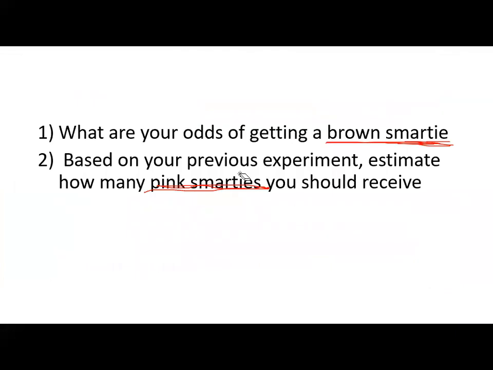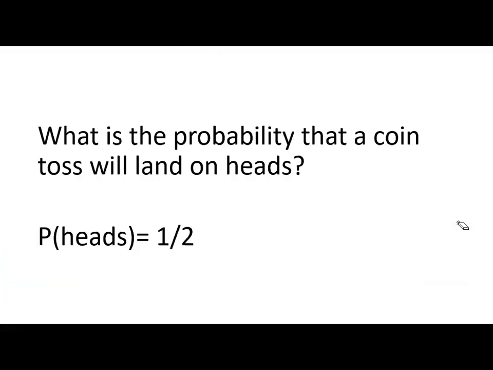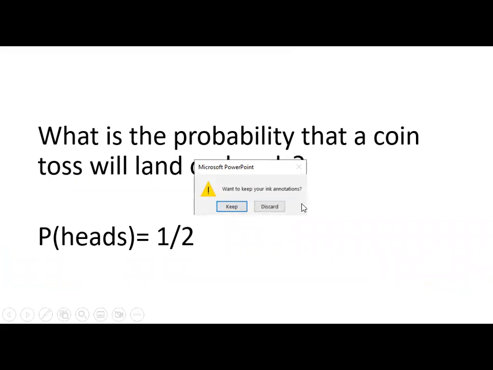When we tried to figure out the amount of pink Smarties we should receive in our second box, Aiden said 12.2%. And you got that by taking the 27 over the 221, right? That's the exact same way we can do this.